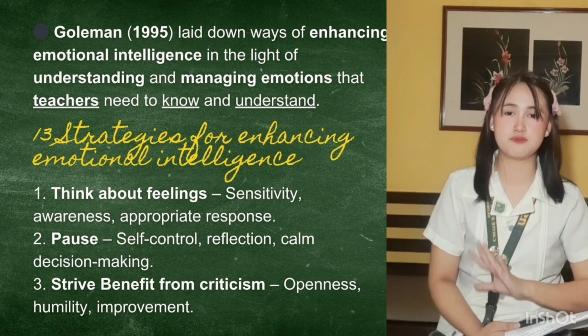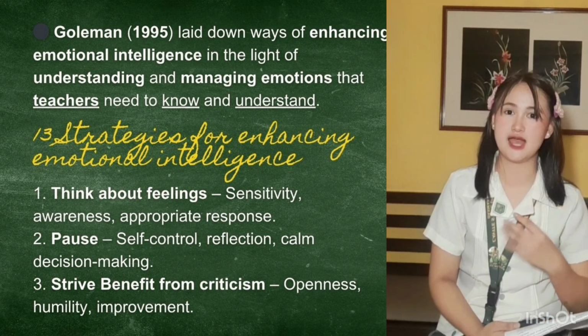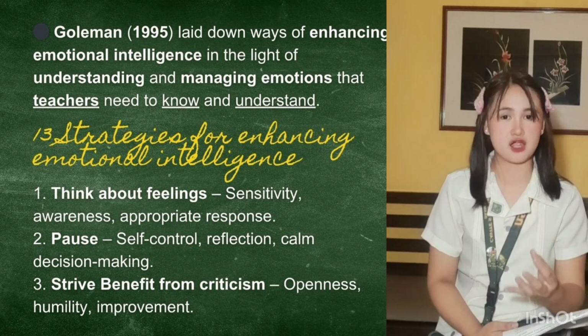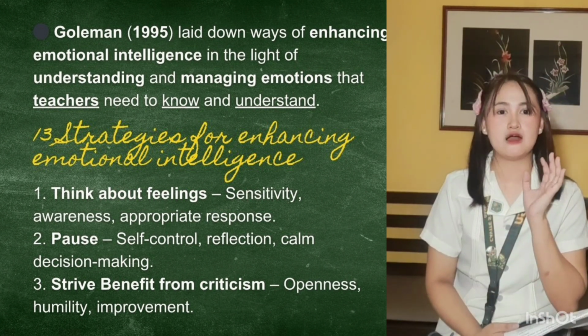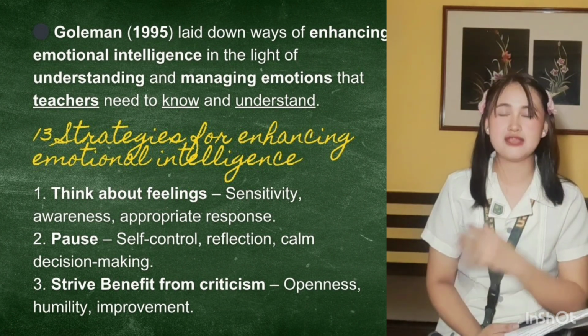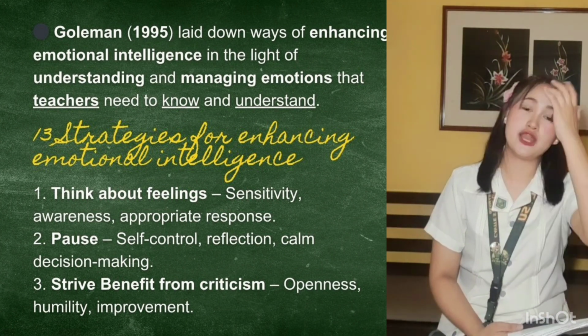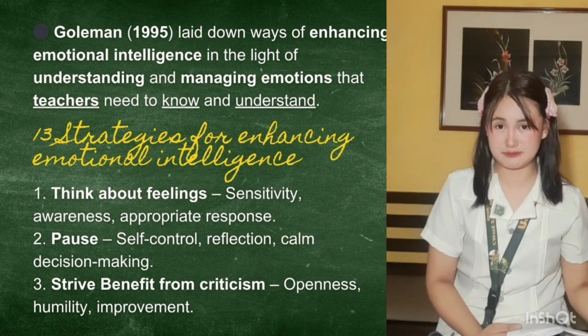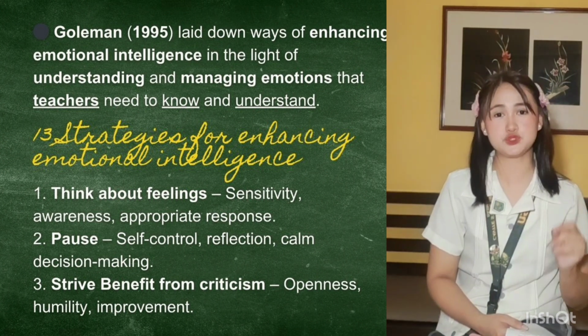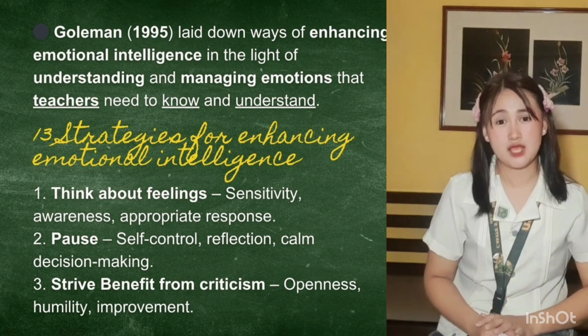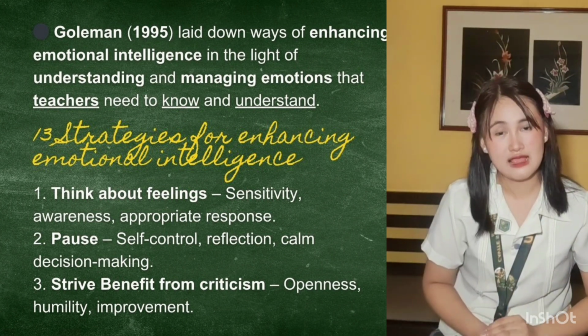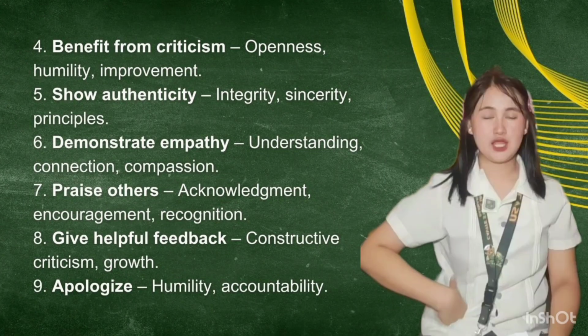Don't let your emotions control your thoughts, because as a teacher, you are there to guide your students. So basically, try to calm yourself and think of the best way on how to guide them. Strive to control one's thoughts equals humility and improvement.